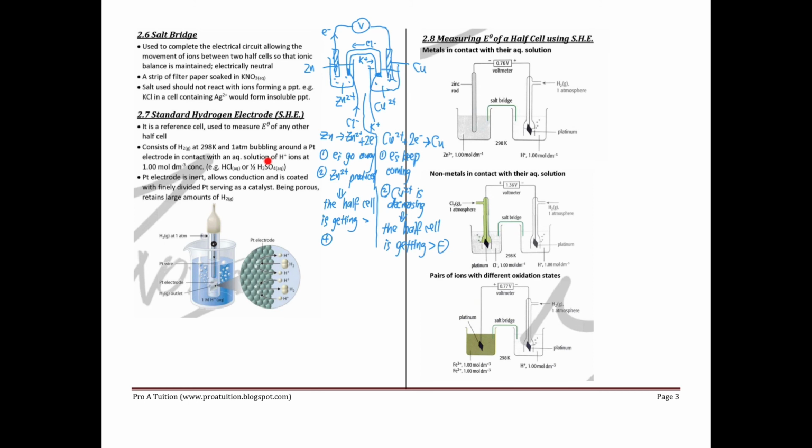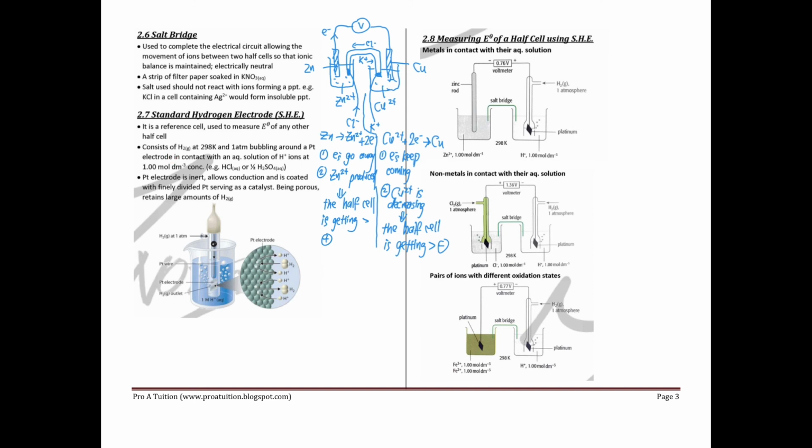If you are using sulfuric acid, H2SO4, then your concentration has to be half of it, 0.5 mole per dm cube. Of course, the reason is because sulfuric acid supplies 2 times the hydrogen compared to HCl. So with a concentration of 0.5, you times 2, then you get 1.00 mole per dm cube. That's the standard concentration.